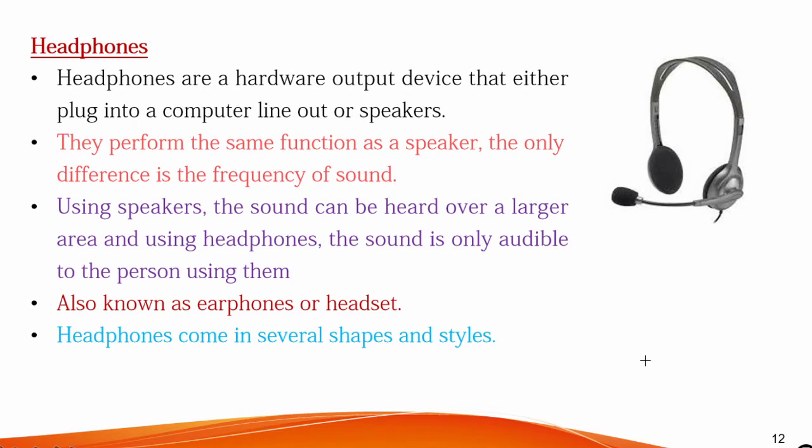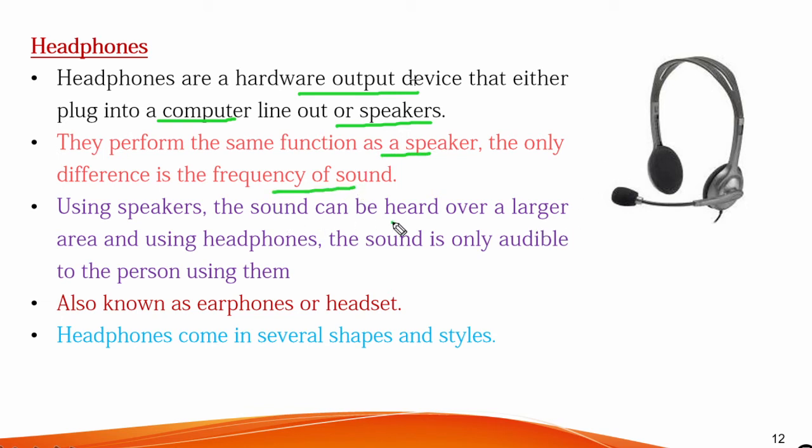And next is the headphones. Another output device is the headphones, which are also hardware output devices which plug into the computer line out or speakers. They perform the same function as the speakers. The only difference is in the frequency of the sound.